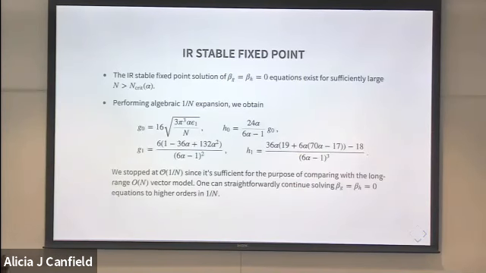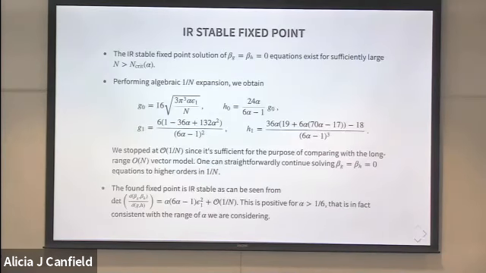I'm sorry, I just skipped over some diagrams. So you derive fixed point values for your coupling constants that allow you to calculate a bunch of CFT data. All of that is valid for sufficiently large n, where n is a function of alpha. Oh yeah, it's a stable fixed point.